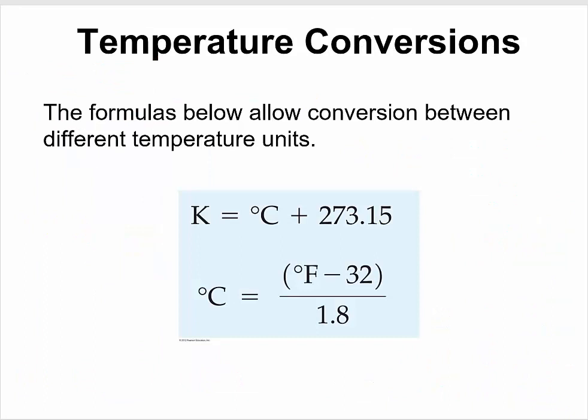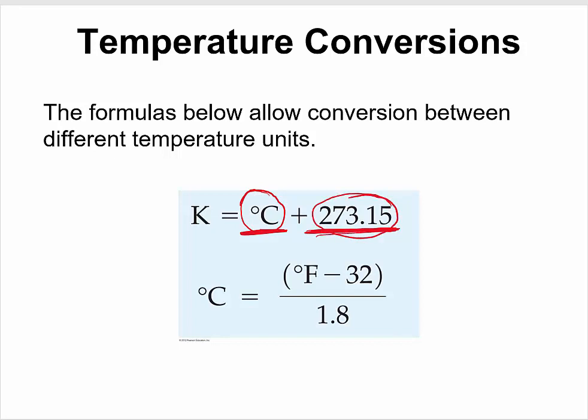To convert to the Kelvin scale, all we need to do is first convert the temperature to degrees Celsius and then add 273.15 to the degrees Celsius temperature. How did we get this? Where does it come from?